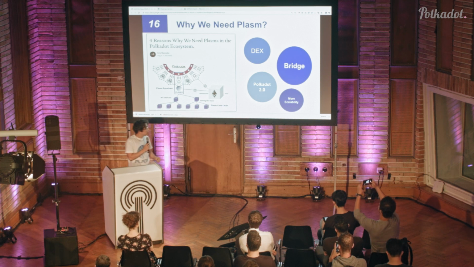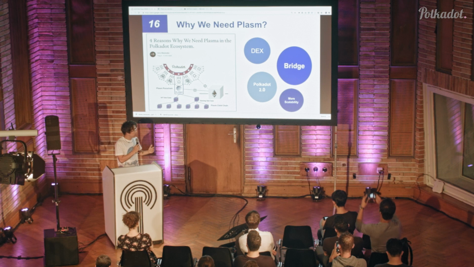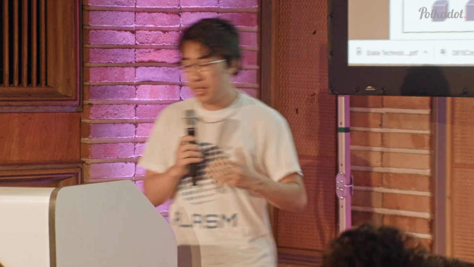So we can implement Polkadot 2.0. Polkadot has a kind of sharding approach rather than Plasma. So some parachains may need more scalability, like IoT use cases, energy use cases, and so on.